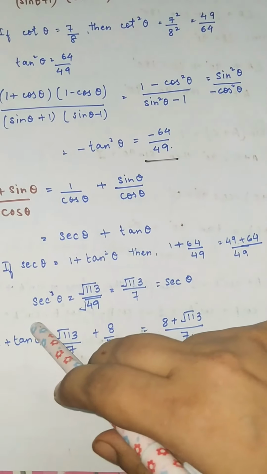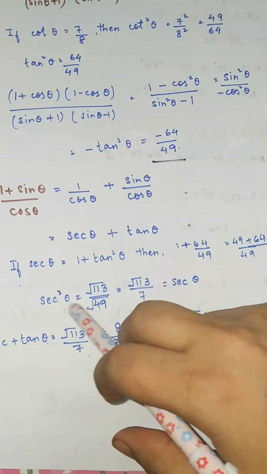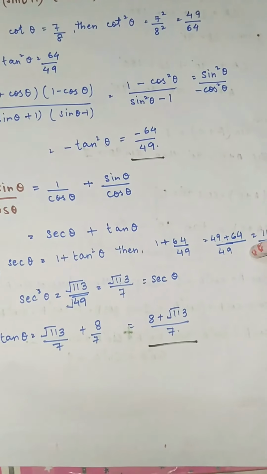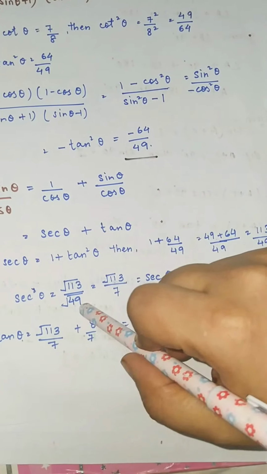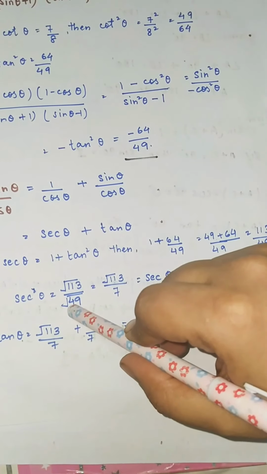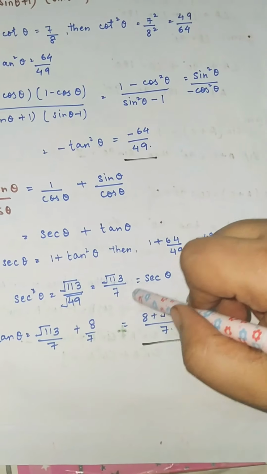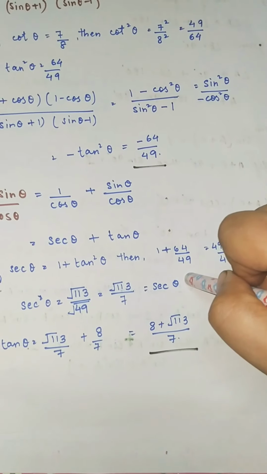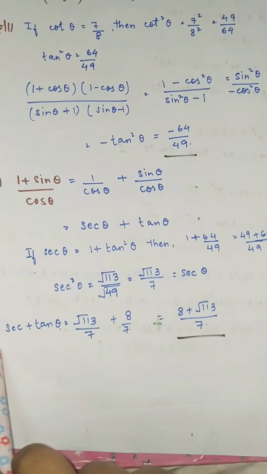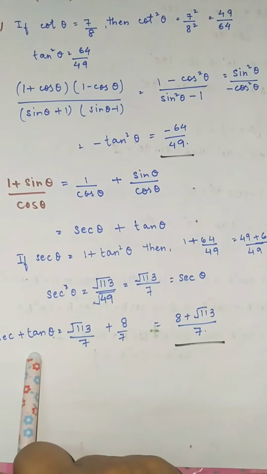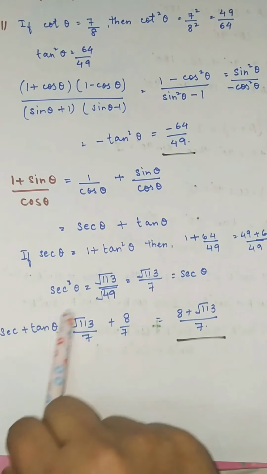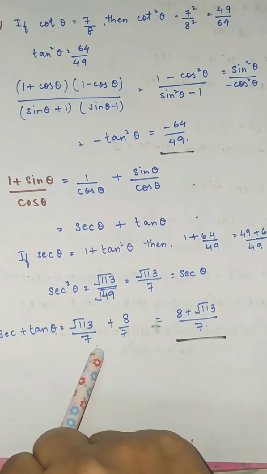Now sec square theta. For sec theta you have to take root 113 by root 49. Root 113 by 7, since root 49 is 7. That is equal to sec theta. Now sec theta plus tan theta you have to take. Sec theta we have got as root 113 by 7.